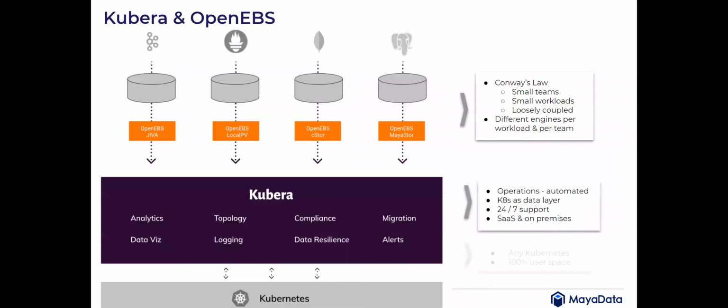Before we start, if you're not familiar with the Kubera platform, I want to go over it very quickly, as some of it touches our topic today. Kubera is a data agility platform that automates some of the day-to-day operations and helps you turn Kubernetes itself into a data layer. Once you put Kubernetes in production, you can use Kubera to get support, and Kubera can run as SaaS and on-prem.